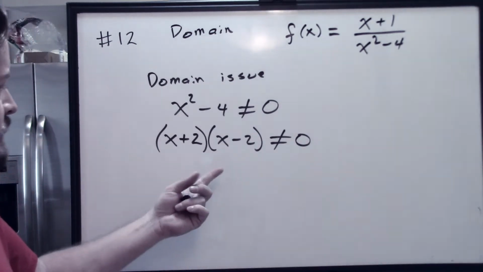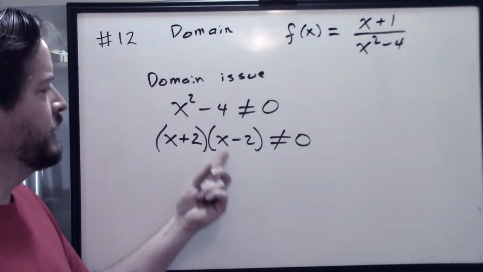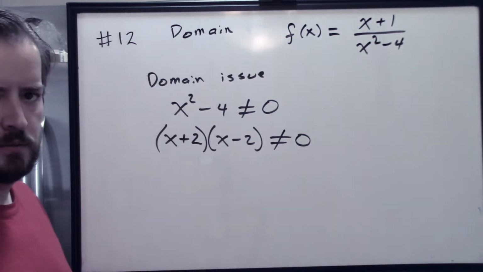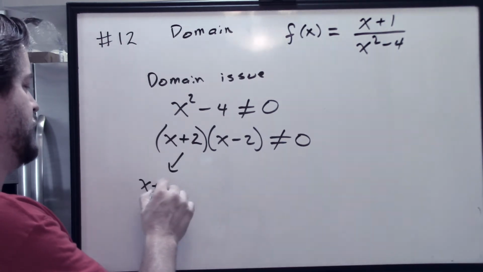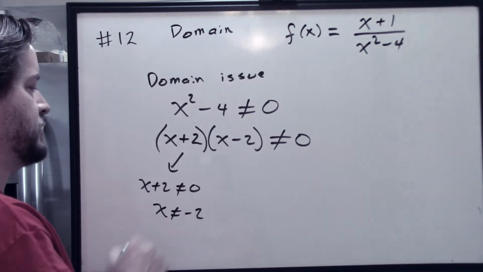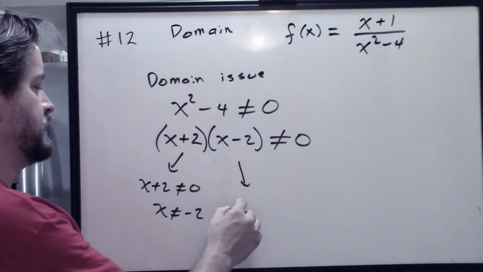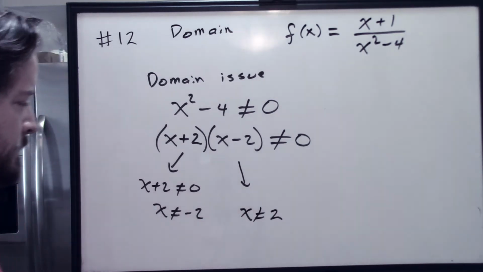So if this can't be 0, then x plus 2 can't be 0, otherwise the product here is 0. And x minus 2 can't be 0, right? So I should get, out of x plus 2 can't be 0, which is to say x can't be negative 2 if I subtract 2 from both sides. And similarly, I'll get x cannot be 2, right?